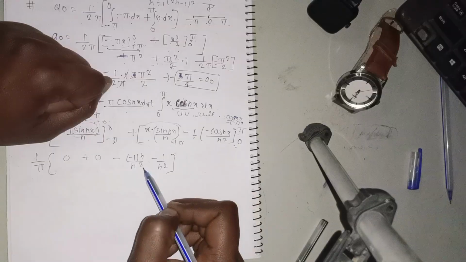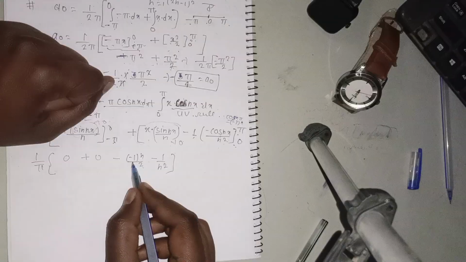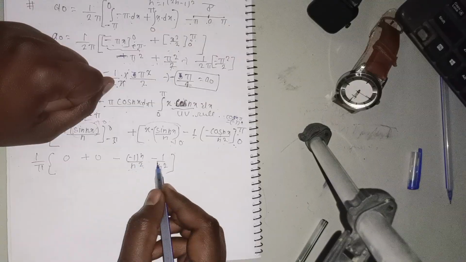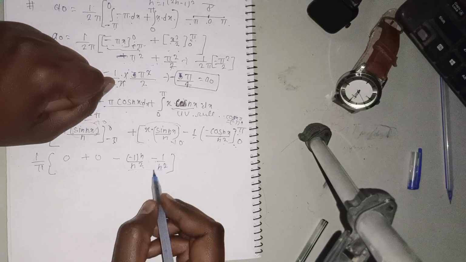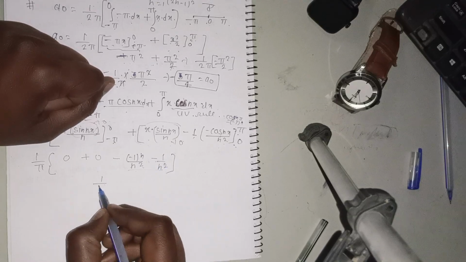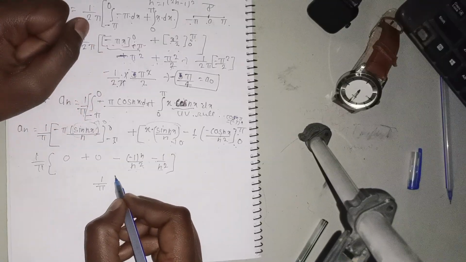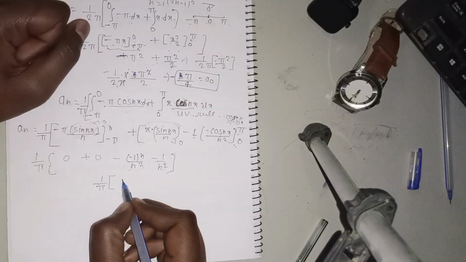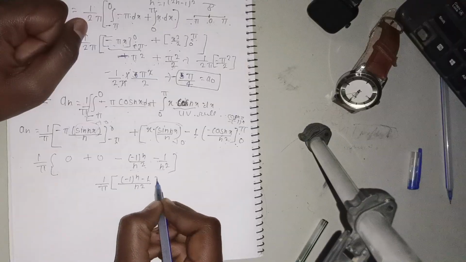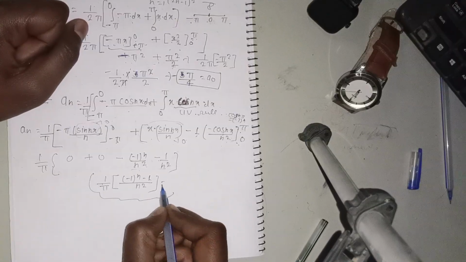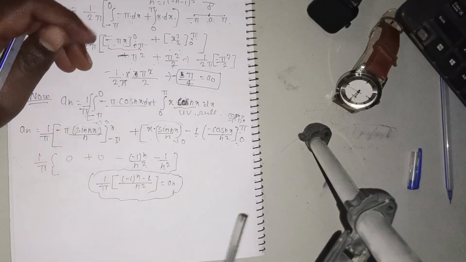Just because of pi we have put, cos n pi, then cos 0 is 1, so 1 upon n square. So I can write minus 1, as you can see the denominator is the same, then I can write 1 upon pi, minus 1 to the power n minus 1 upon n square. This is equal to an.